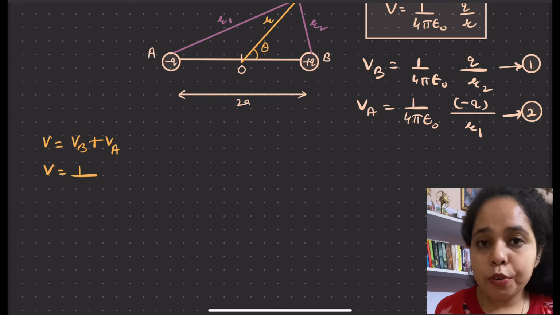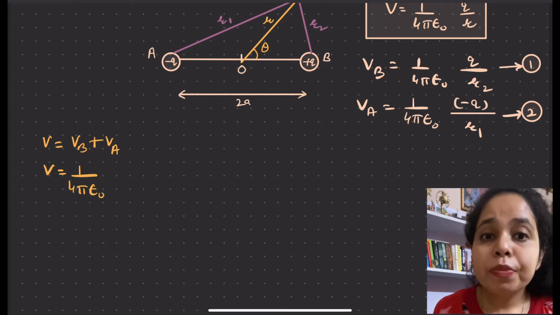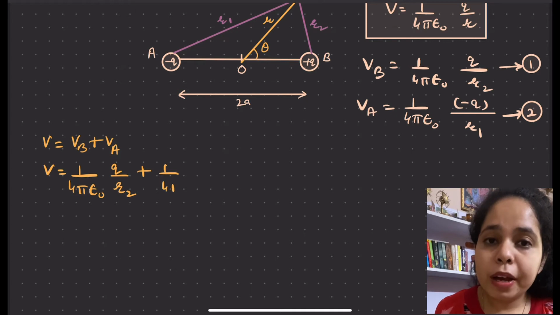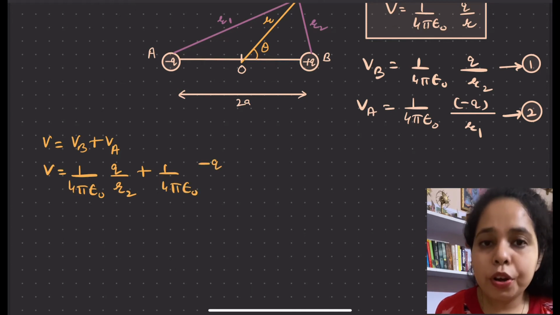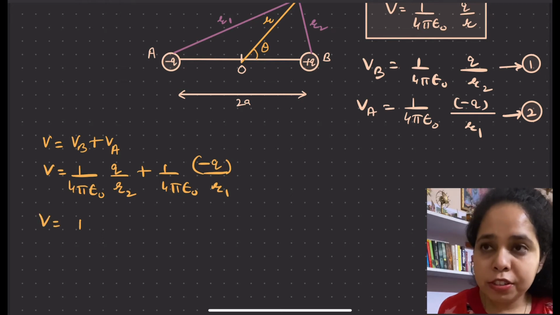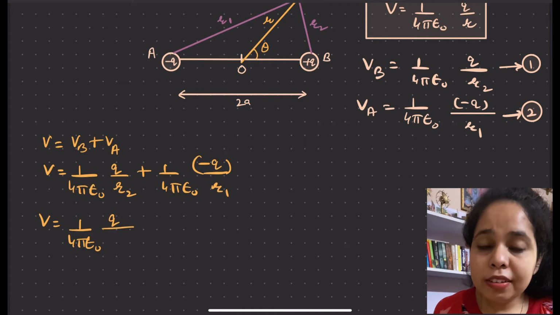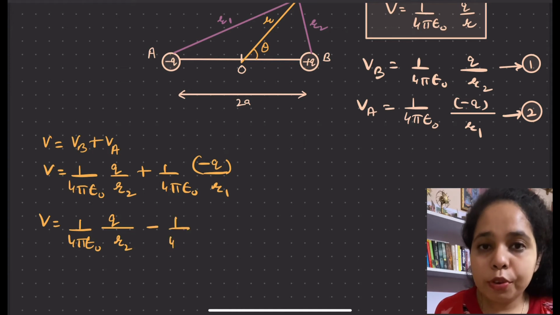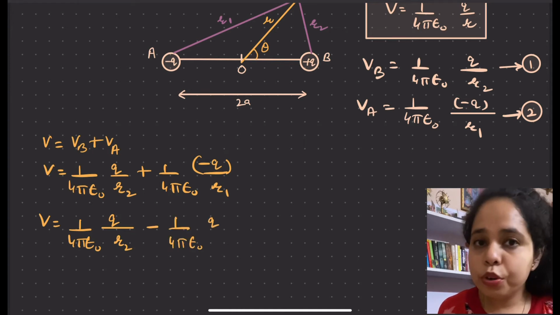1 upon 4 pi epsilon naught q upon r2 plus 1 upon 4 pi epsilon naught minus q upon r1. Taking the minus sign out, we have plus into minus, then the equation will turn out to be V is equal to 1 upon 4 pi epsilon naught q upon r2 minus 1 upon 4 pi epsilon naught q upon r1.